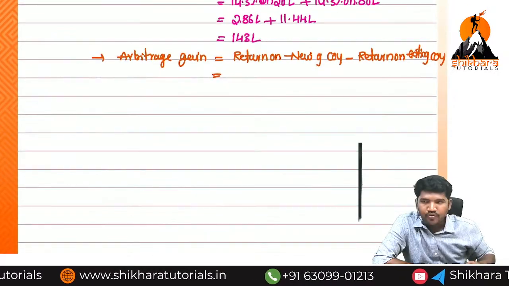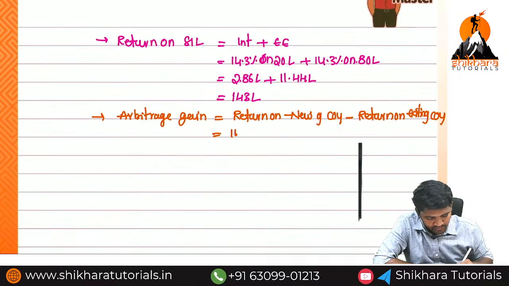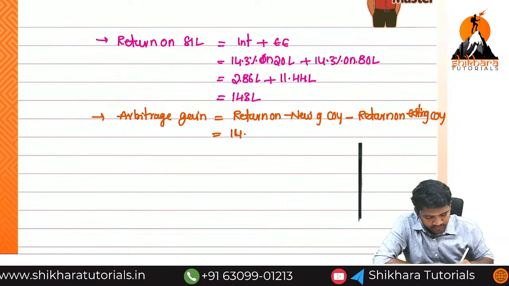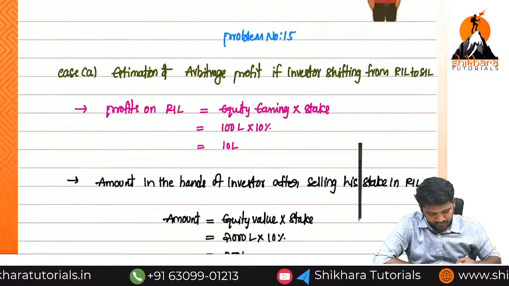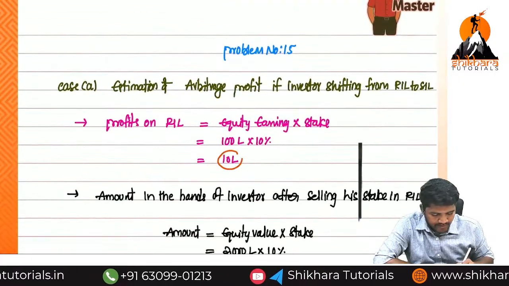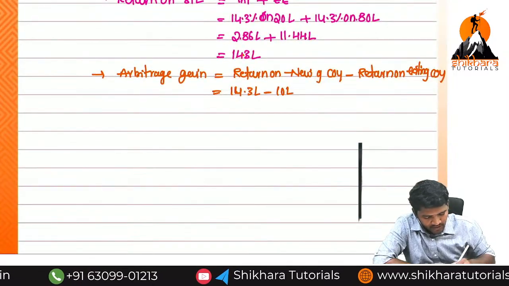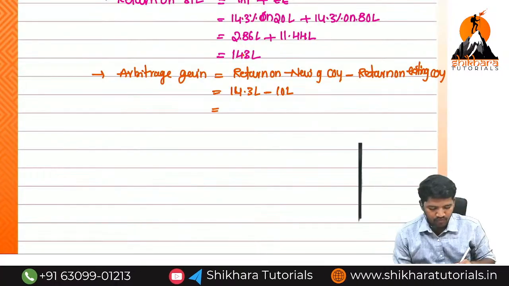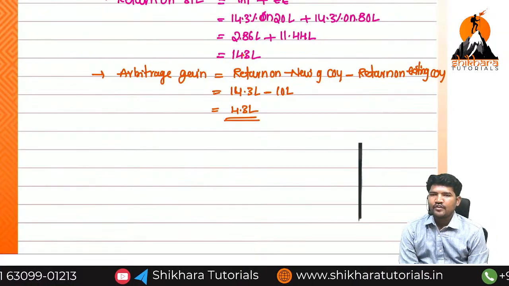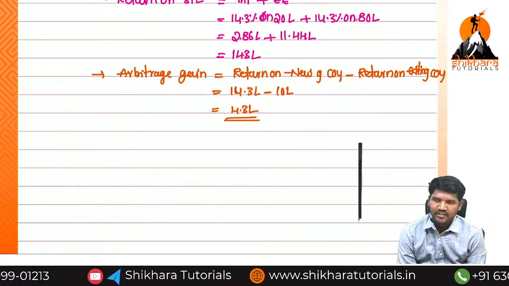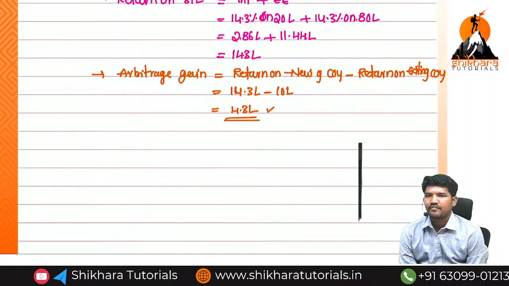Profit always shows positive only, no? Now what are the new company earnings? 14.3 lakhs minus, how much were you enjoying in the previous company? 10 lakhs. How much will you enjoy extra? 4.3 lakhs. If you shift from RIL to SIL, you will get a benefit of how much? 4.3 lakhs. That is known as arbitrage profit.